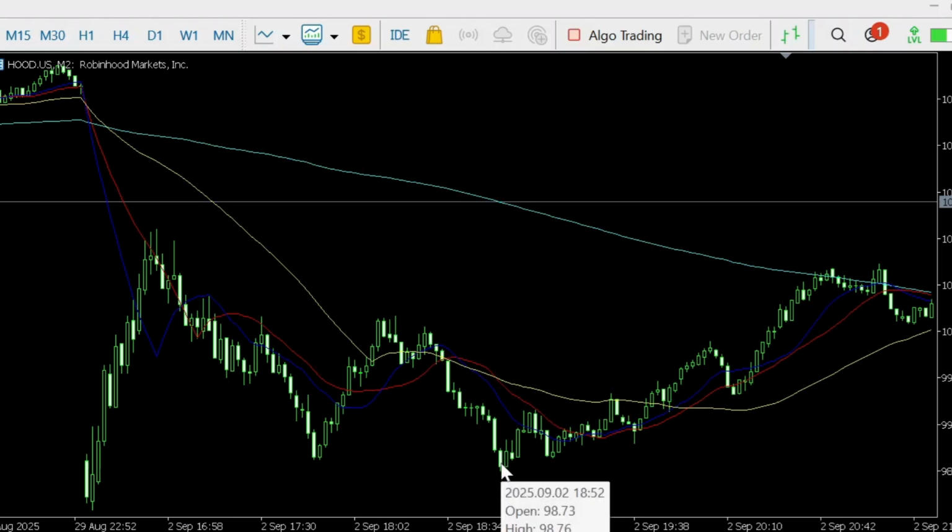But my intention at this point is to show you the names of these moving averages so that you can take note of them and begin to practice how to use them effectively. They are trend following moving averages. So number 1 on my list, as I have said, is the 13 moving average or the 14 moving average. That is the one in blue.